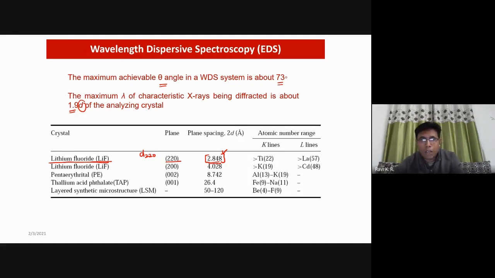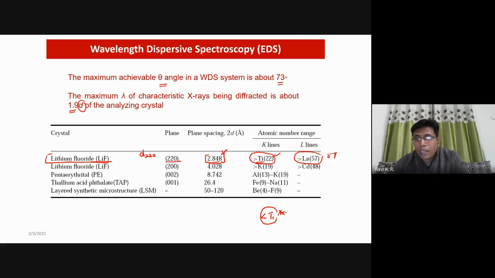That means if I use lithium fluoride as my analyzer crystal, we can measure K lines coming from titanium, let's say Ti 22 and above. L lines you can get from lanthanum 57. Anything with atomic number less than titanium, nothing is going to come, because L lines start only from atomic number 57.